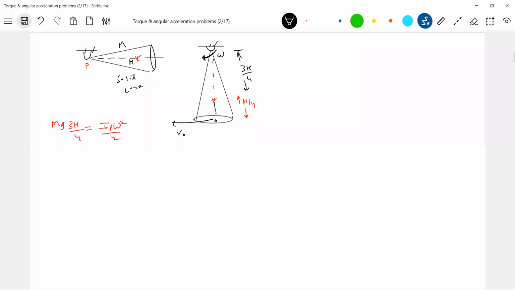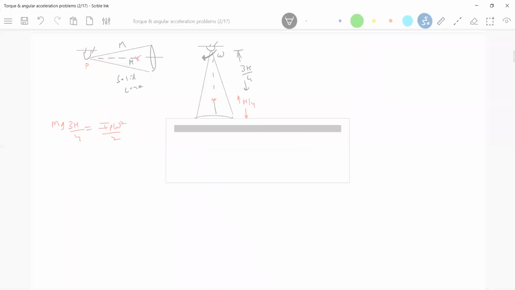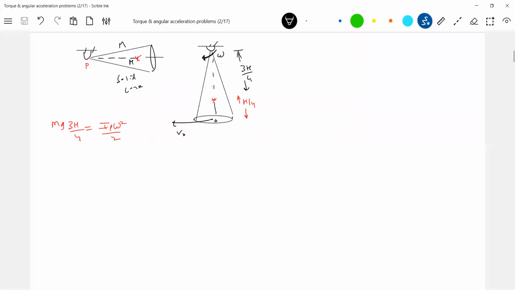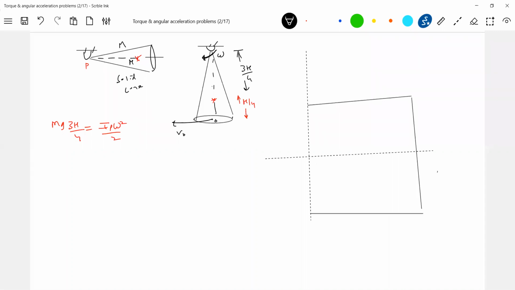Okay, let me proceed with the next idea. There is a square plate. I'll make a hole here. Now what is this?